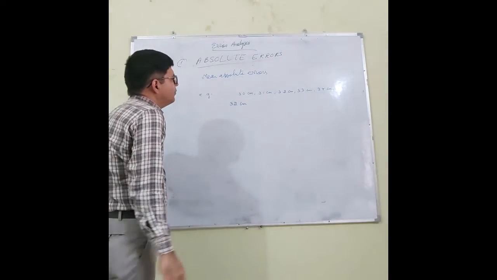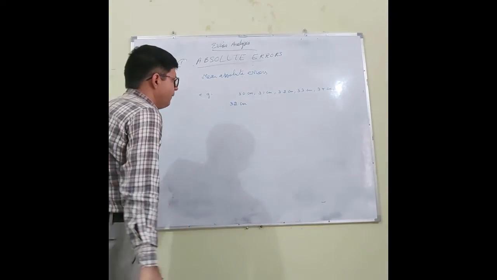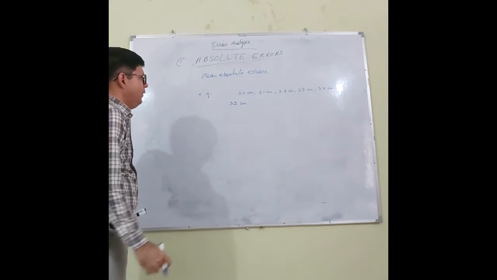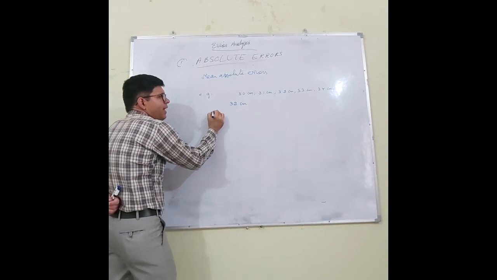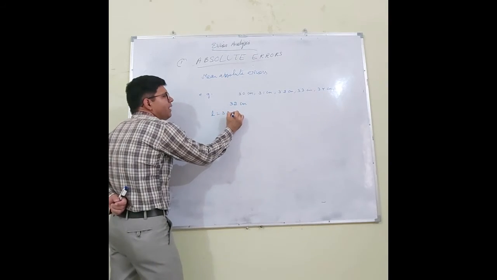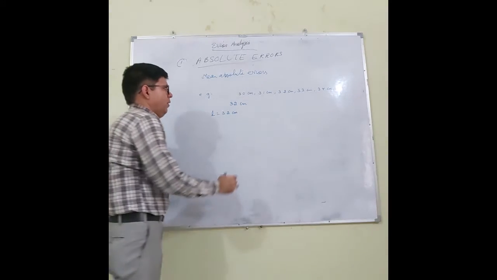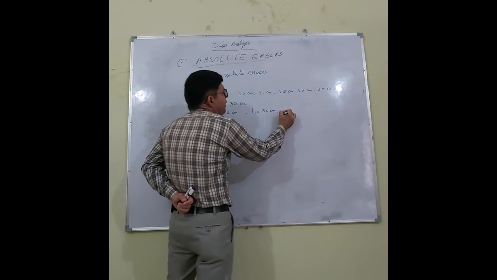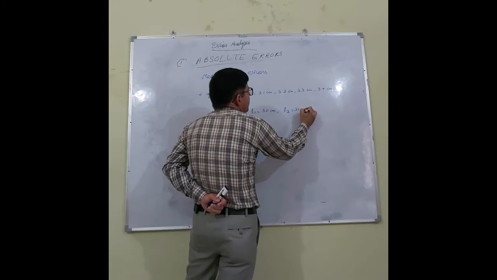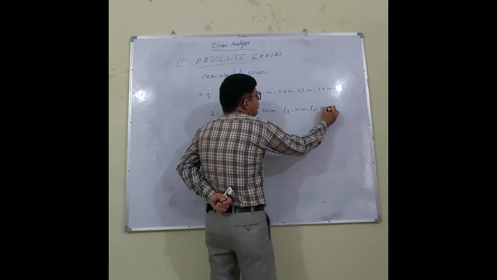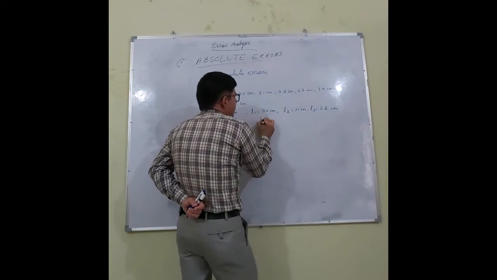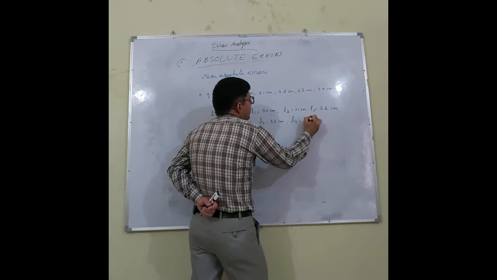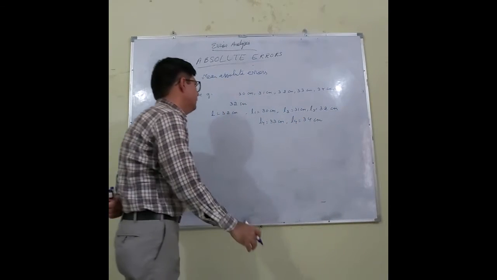Calculate the absolute error and mean absolute error. Now listen everyone, here the actual length is given to be 32 centimeter. L1, the measured value, is 30 centimeter, L2 is 31 centimeter, L3 is 32 centimeter, L4 is 33 centimeter, and L5 is 34 centimeter.